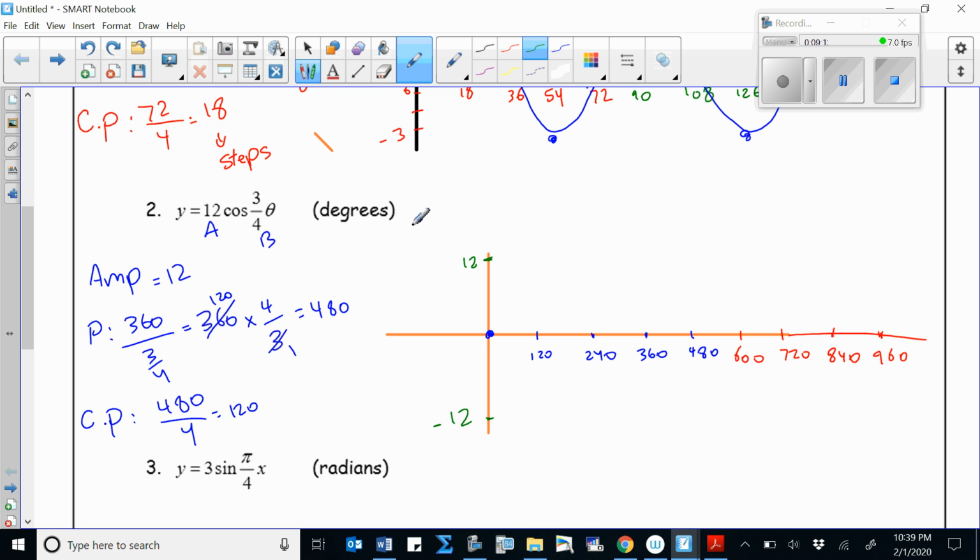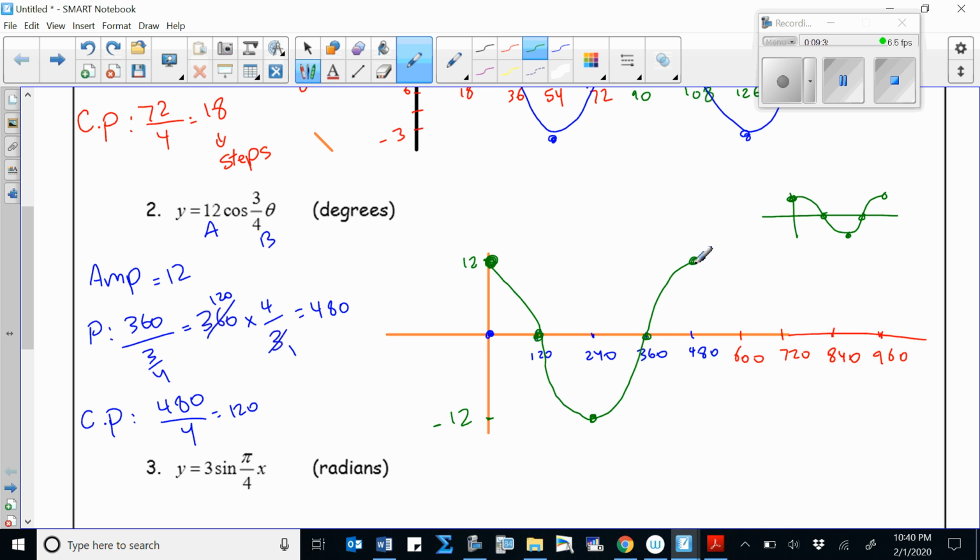And then this is cosine. We know that cosine looks like this. Starts with a high point, middle, low, middle, high. So we use the same pattern actually. So the first point is at the high point, then we have middle, then low, middle, and high. So this is one period of this graph.